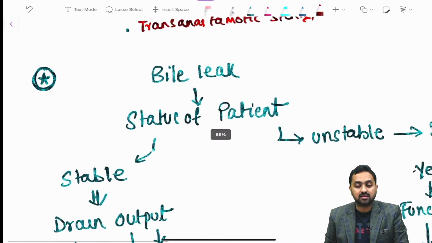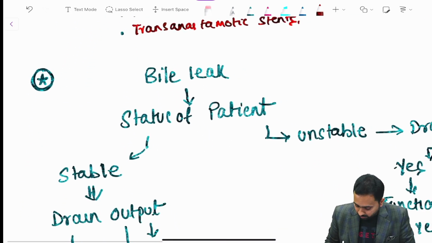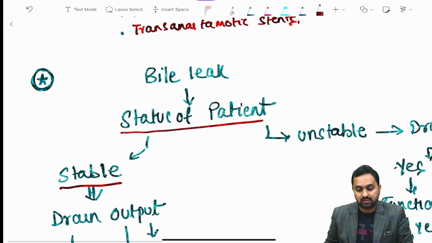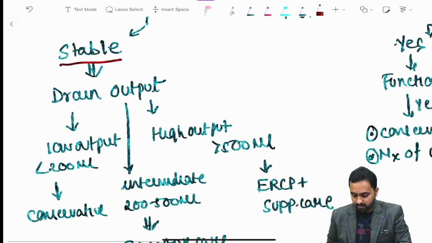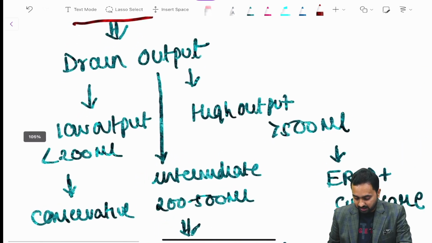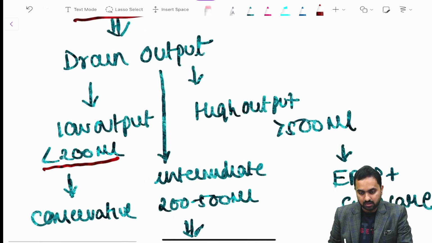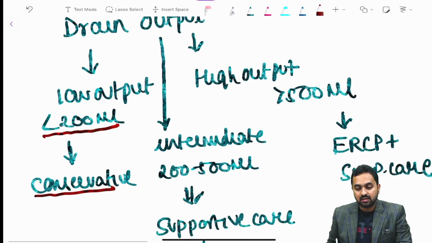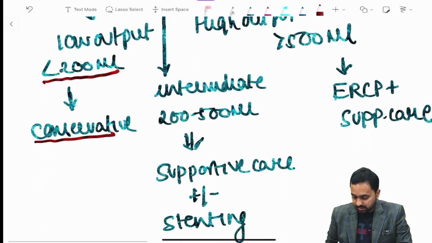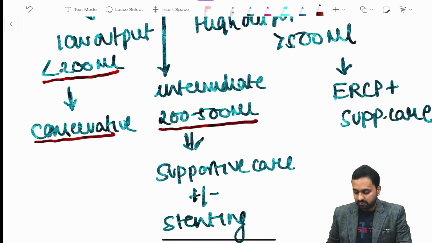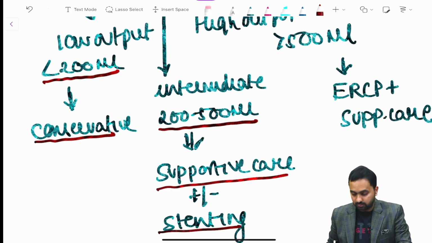Now let us look at the approach to manage your bile leak. First we check the status of the patient. If the patient is stable, then we check for the drain output. If the drain output is less than 200 ml, we go for conservative management. If it is an intermediate output, between 200 to 500 ml, we go for supportive care plus or minus use of stenting.